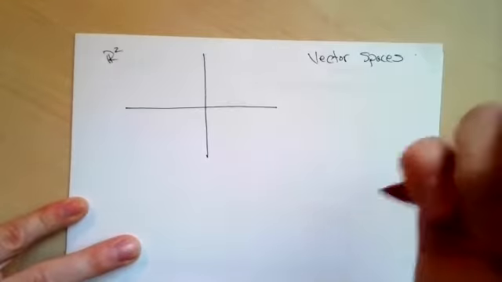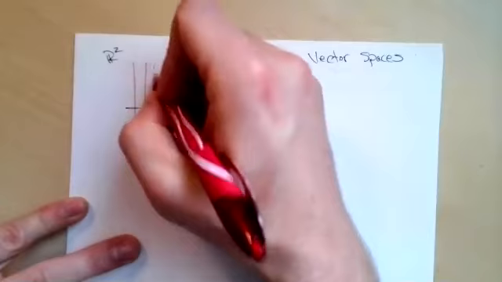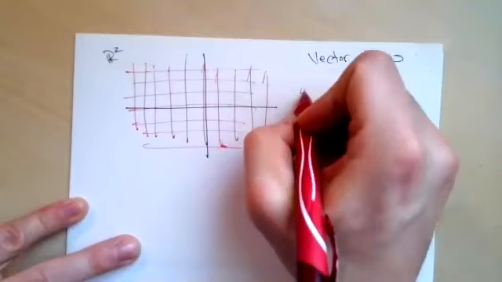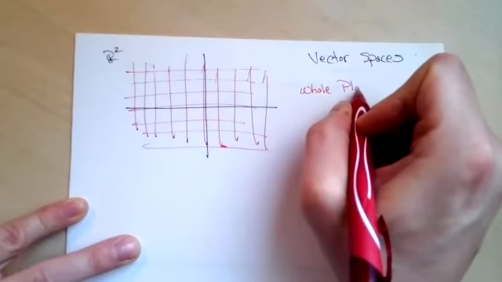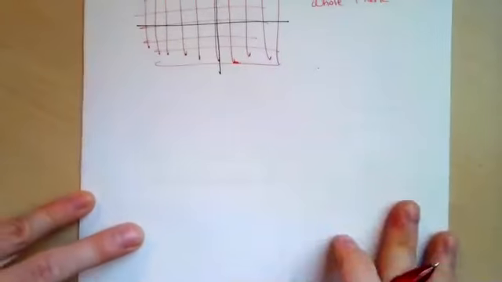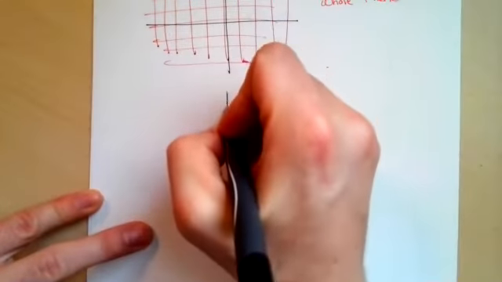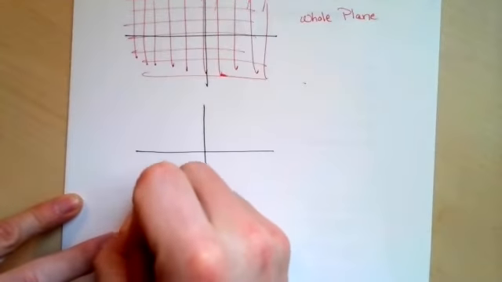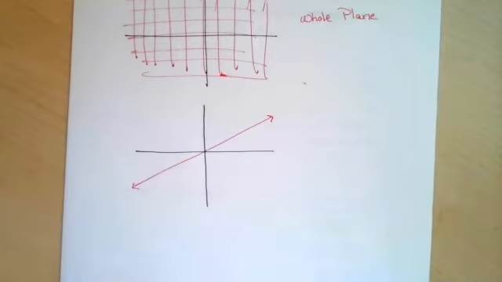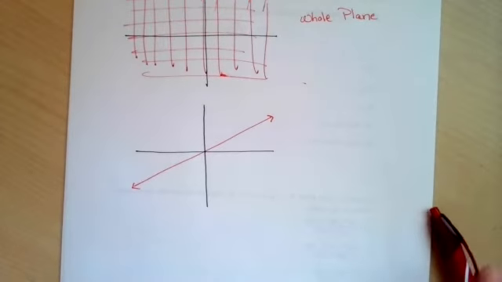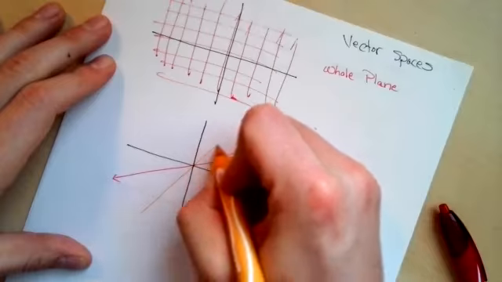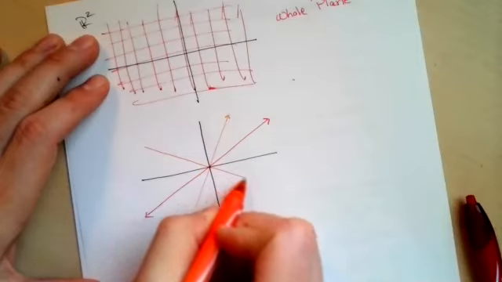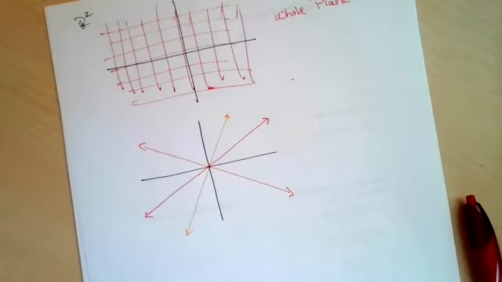Either the whole plane, or we just saw one example of lines through the origin, but any line through the origin will give us a vector space.